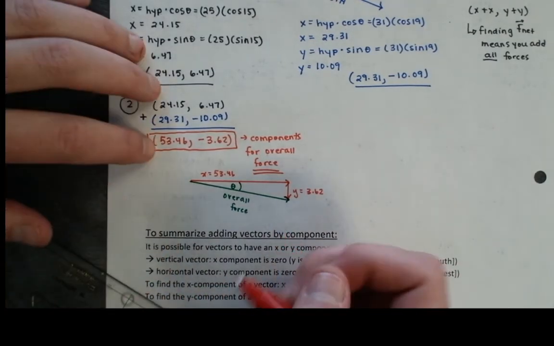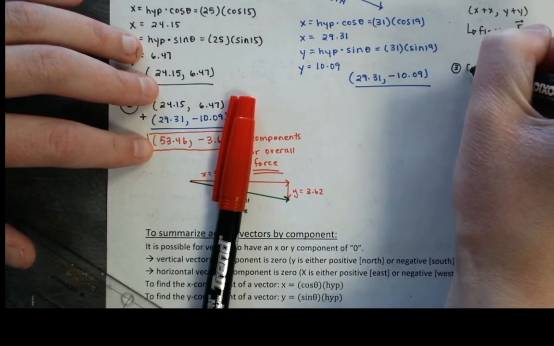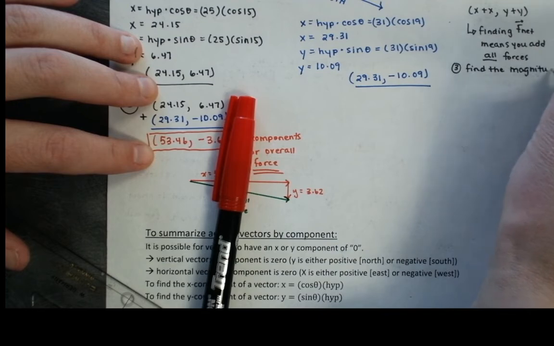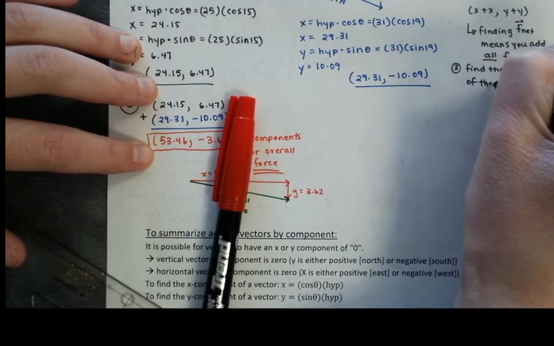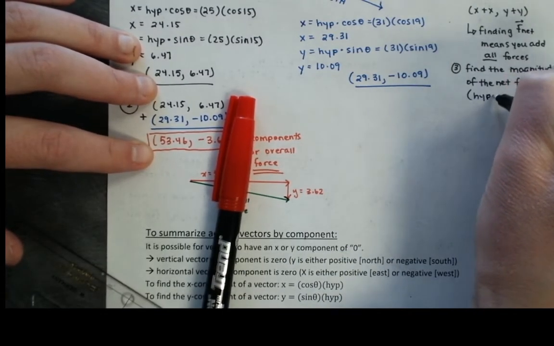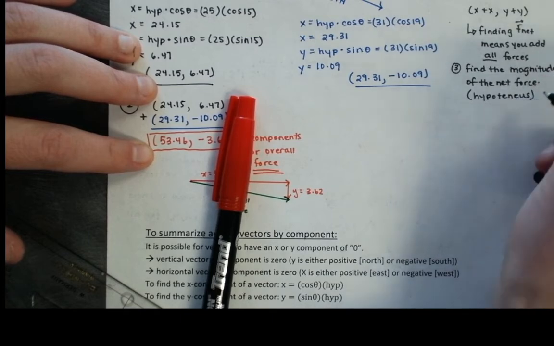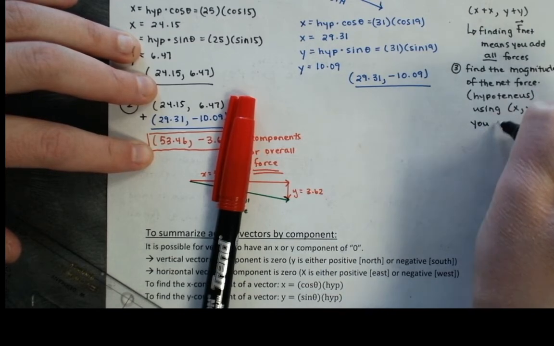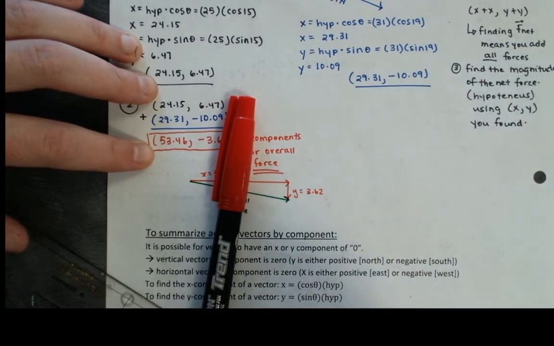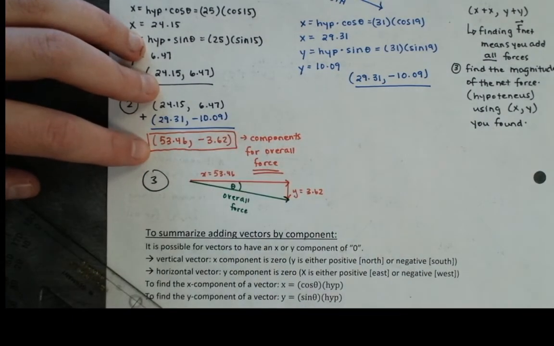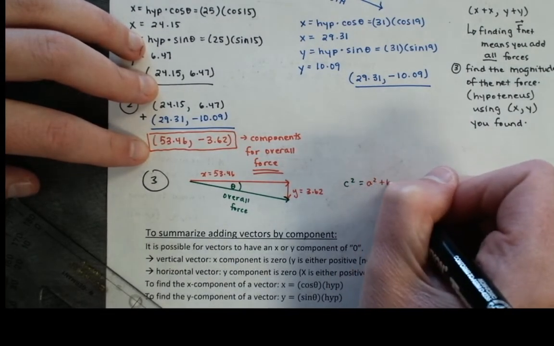So step 3 is find the magnitude of the net force, which is the hypotenuse, using the x and y that you found. So this is step 3. C squared equals a squared plus b squared.